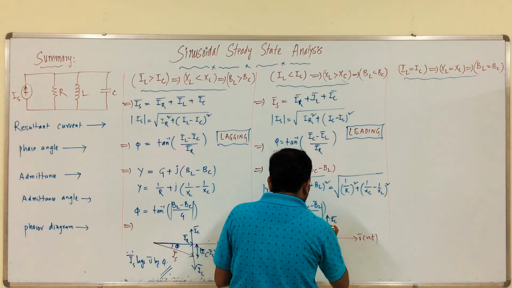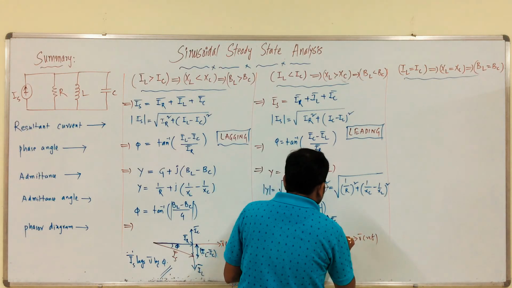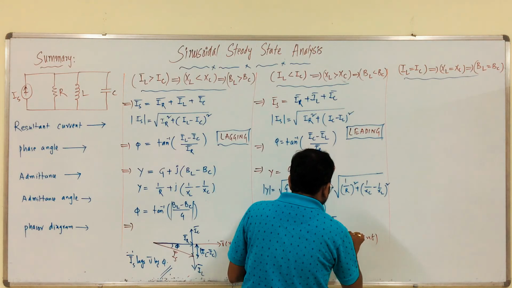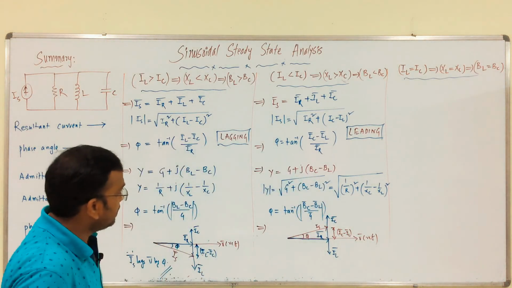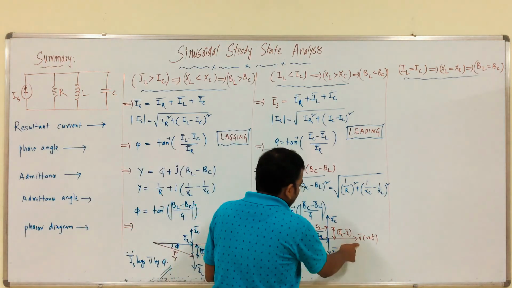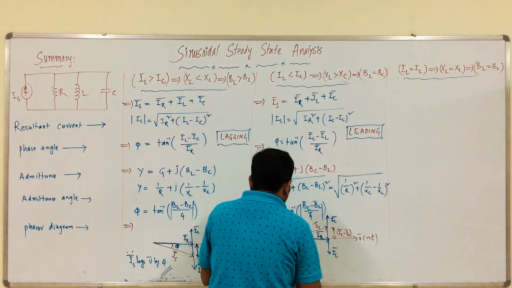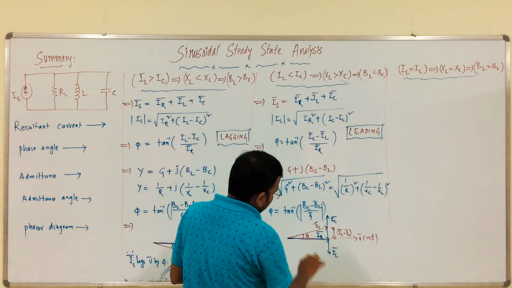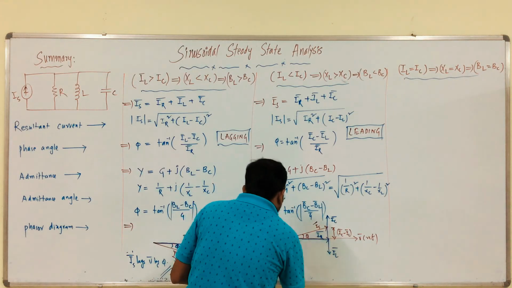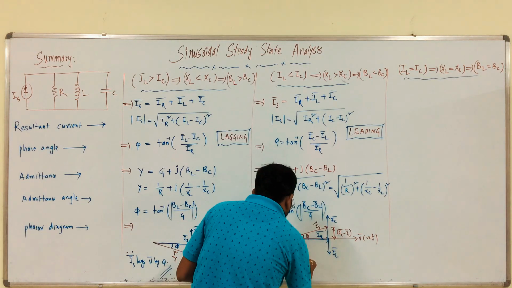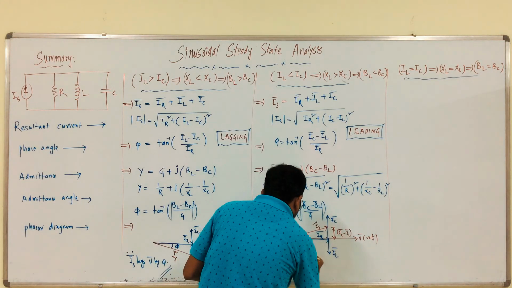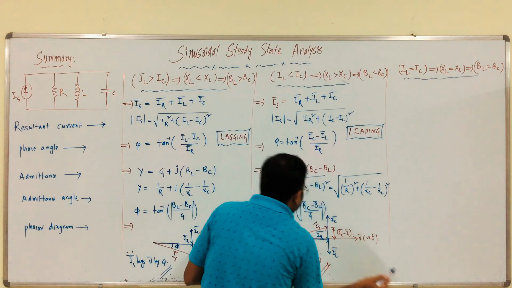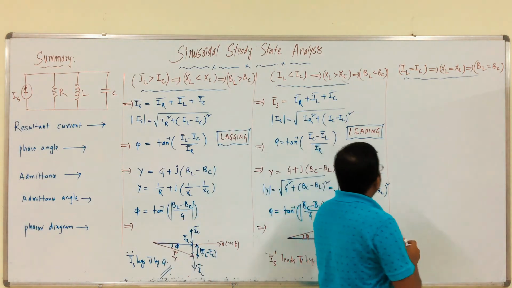Phi, this is IS, and this is IC minus IL. That's it. From this, current lags voltage by phi, right? IS, sorry, not lags, leads. IS leads V by phi. That's it.